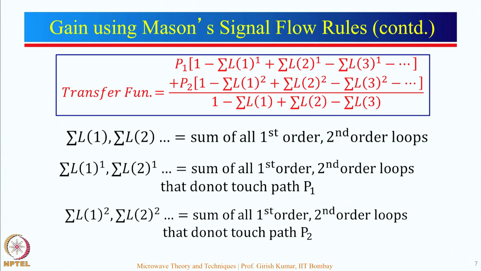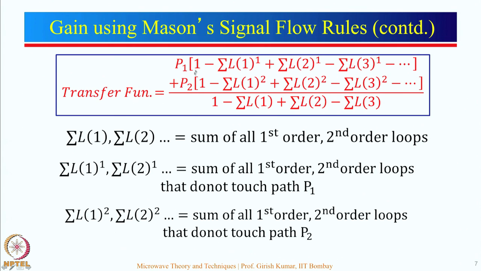Let us start with the denominator. You can see here it is 1 minus summation L1 plus summation of L2 minus summation of L3. Let us see what these things are. L1, L2, L3 are nothing but the sum of all first order, second order and third order loops. I will define in the next slide what these things are.